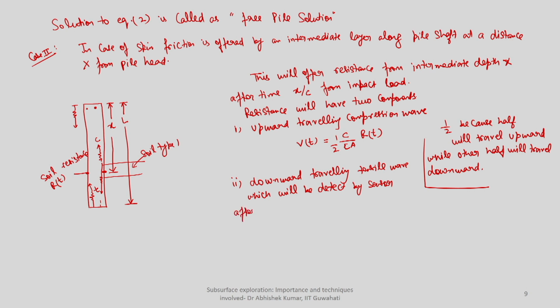After how much time? It will be L, which is the total length it has to travel, plus the additional L minus x over C. So, L minus x is the length it has to travel downward and then be reflected back onto the surface to the sensor.